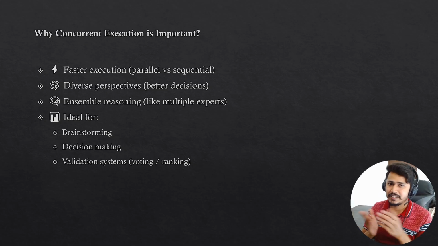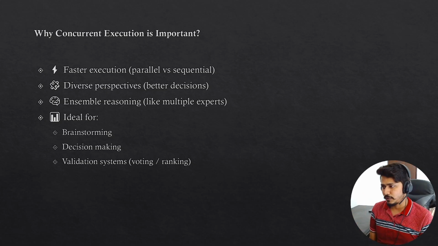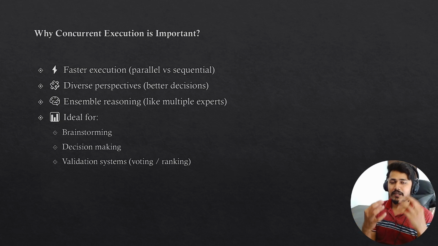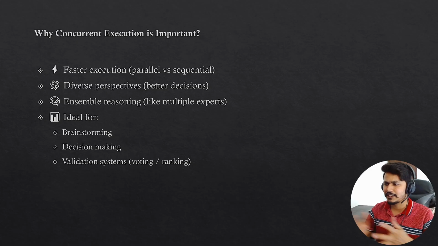Obviously, in design thinking and decisions, we don't rely on only one agent's perspective. Instead, we want to think from the complete 360-degree perspective, and that's how we need to generate the response. So the ensemble reasoning takes the input from these multiple individual agents and generates the final response. And again, this is ideal for decision making, brainstorming, and validation systems like voting and ranking.